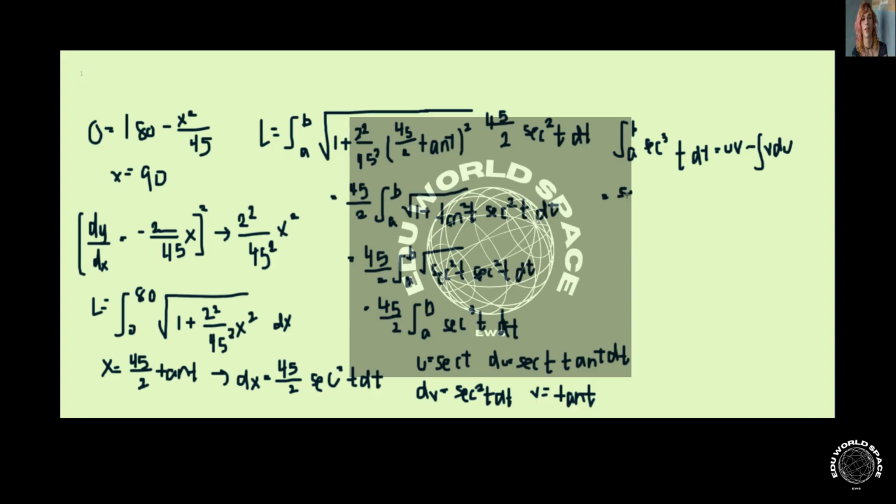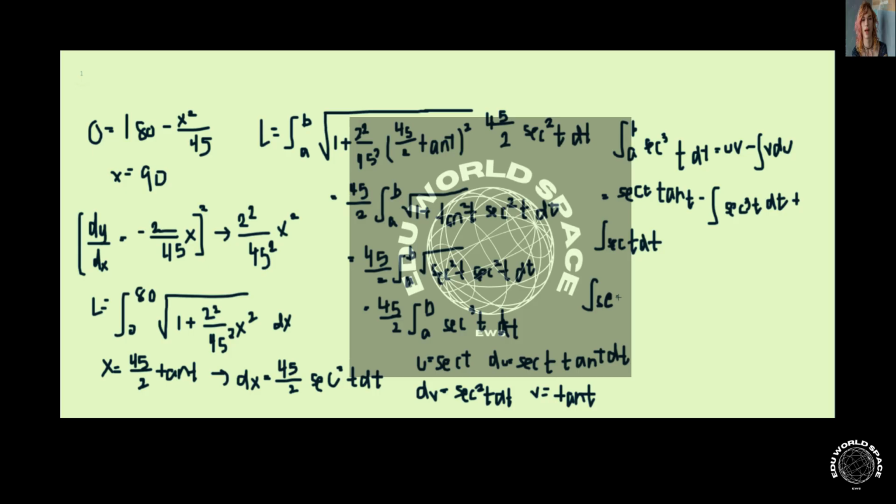This becomes equal to secant times tangent minus the integral of secant cubed dt plus the integral of secant dt. And we have to add the integral of secant cubed to both sides, and we divide by 2.